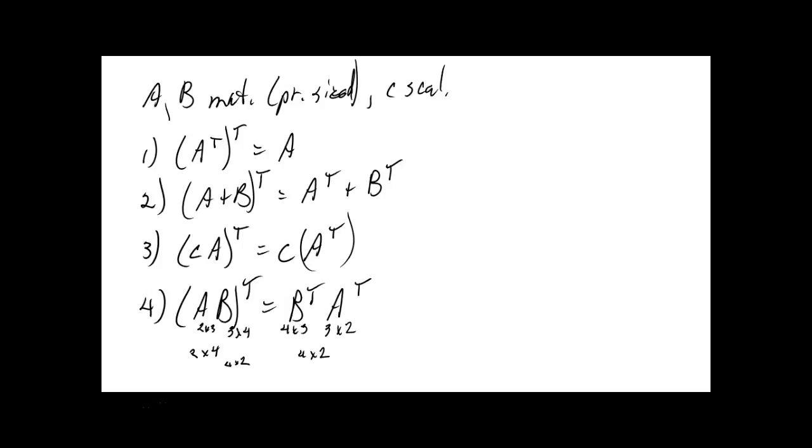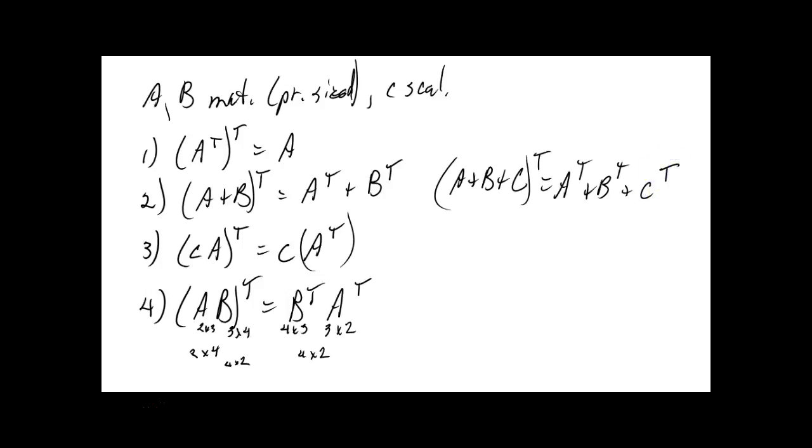Now, properties 2 and 4 here can be generalized to cover sums or products of any finite number of matrices. So property 2 would then be (A plus B plus C) transpose equals A transpose plus B transpose plus C transpose.